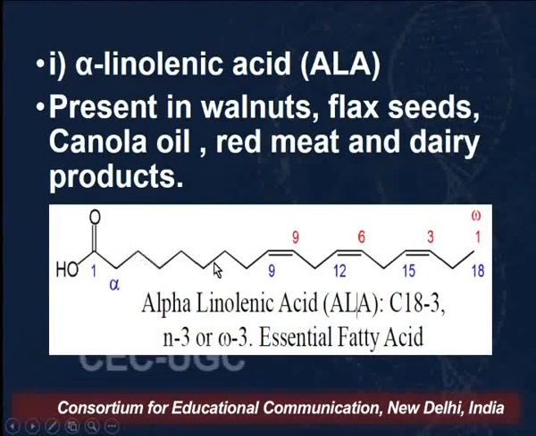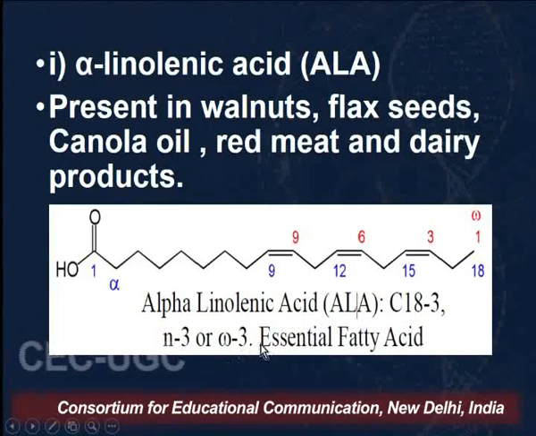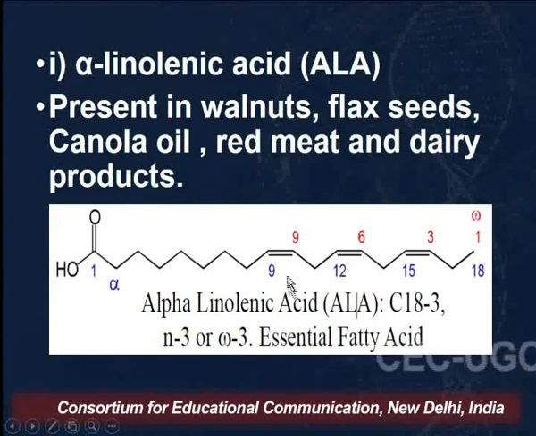We mean that this molecule has 18 carbons in it, and when we start the numbering from the methyl side, the first double bond is at the third position. Then it has 3 double bonds in it. So 18 carbons, 3 double bonds, and N-3 or omega-3 indicates that these are omega-3 fatty acids.